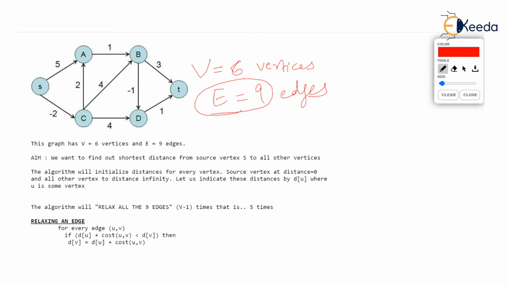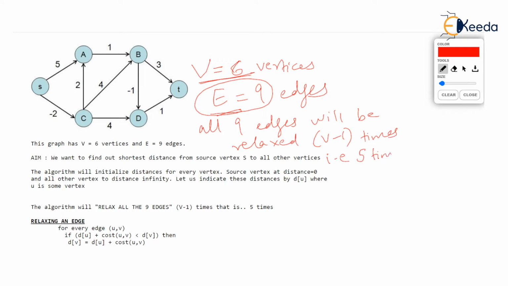But now comes the big point. These 9 edges will be relaxed 5 times. There are 6 vertices, isn't it? So all 9 edges will be relaxed v minus 1 times. That is 5 times. So first we will run through all the edges.